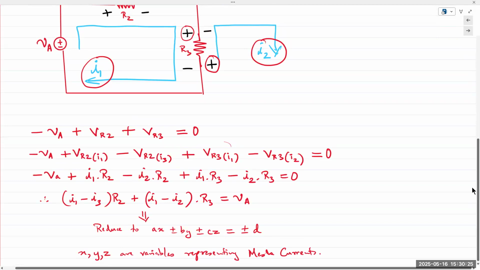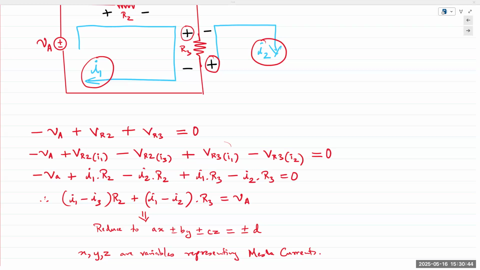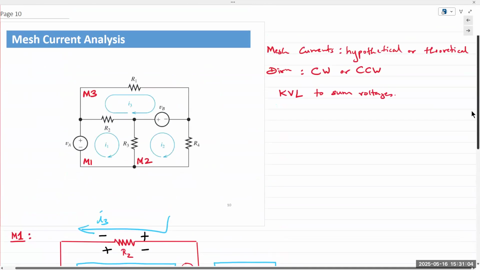All right, questions. All right, let's look at the second mesh. And for this one, I'll write the equation directly.